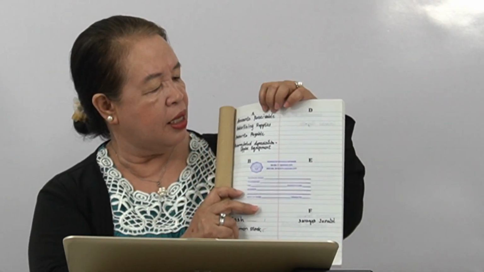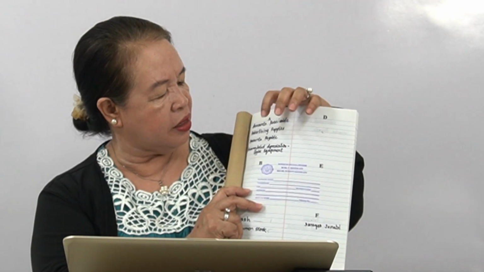And then, pagka na-post mo na siya sa general journal, ang susunod dyan, i-post mo rin siya sa ledger. So, ito yung ledger po natin. Nandyan yung sa letter A natin, meron na tayo dyan na account ng accounts receivable, advertising supplies, accounts payable, accumulated depreciation, office equipment.